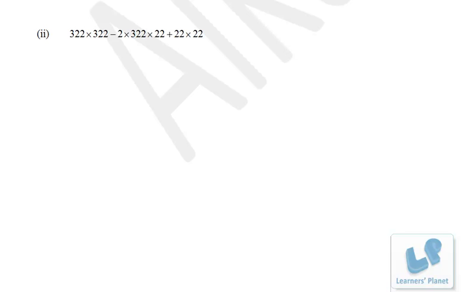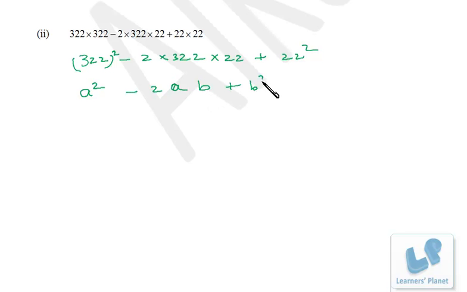Similarly, we have this. Here you can see 322 square minus 2 into 322 into 22 plus 22 square, right? So I can write it as a square minus 2ab plus b square. Now a square minus 2ab plus b square is what?